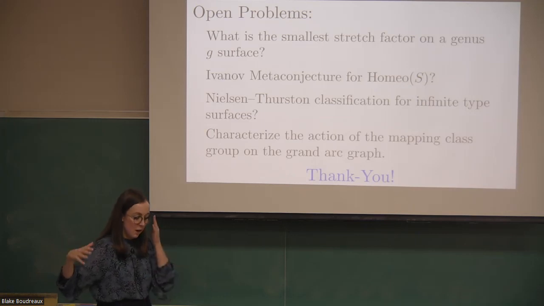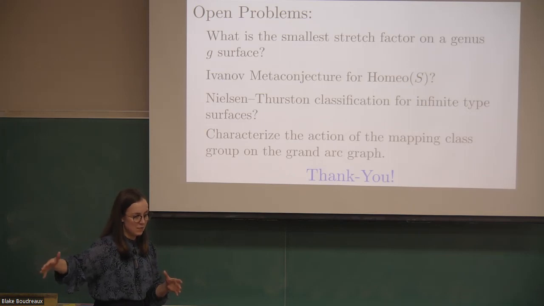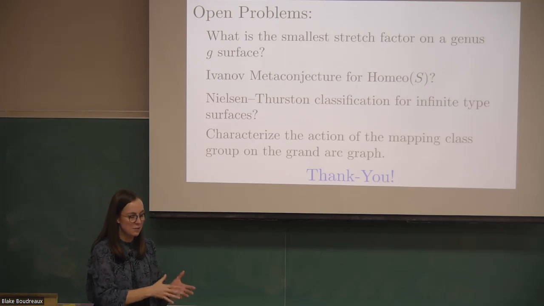Not us, but Le Roux and I believe Wolff were able to show that it's actually going to be isomorphic to something bigger than Diffeo. And we don't know what that group is, because I don't know what group is bigger than Diffeo that would make sense for that graph to be the right graph to be isomorphic to it.